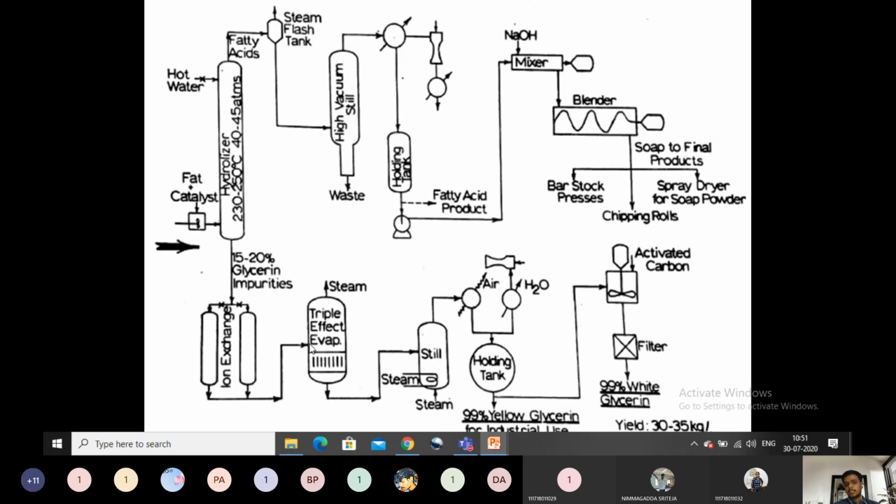Then the effluent will be passed through the triple effect evaporator.